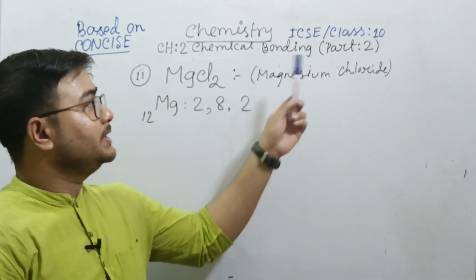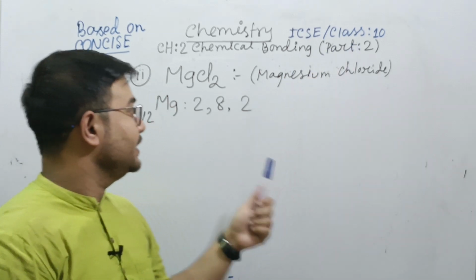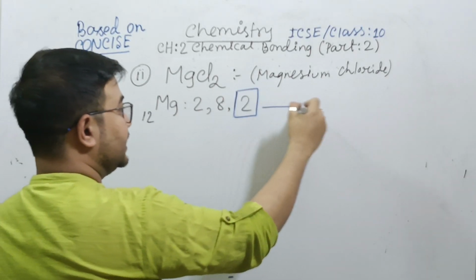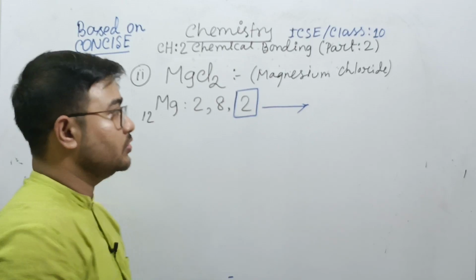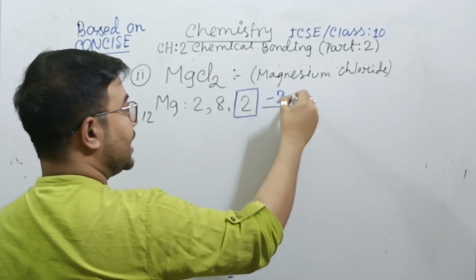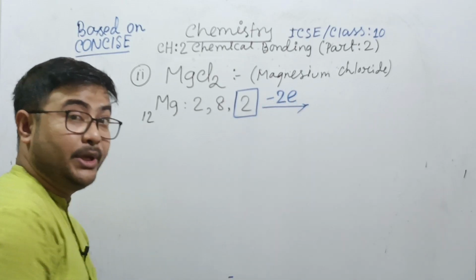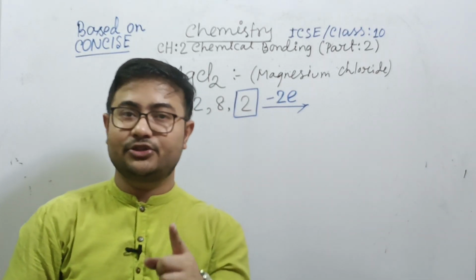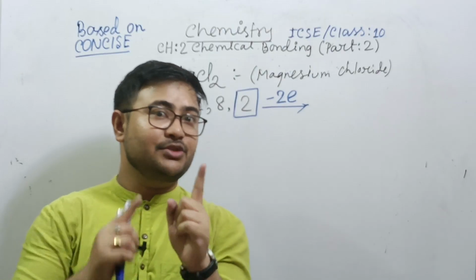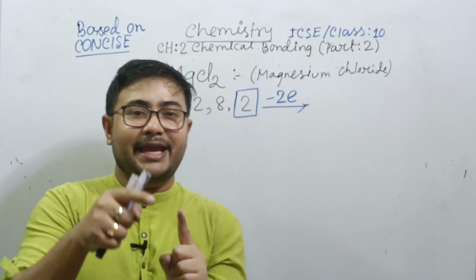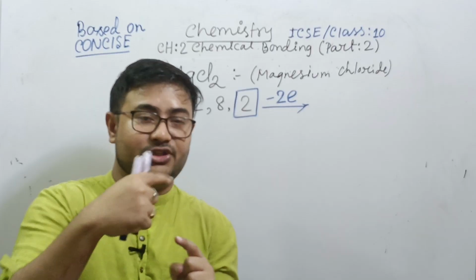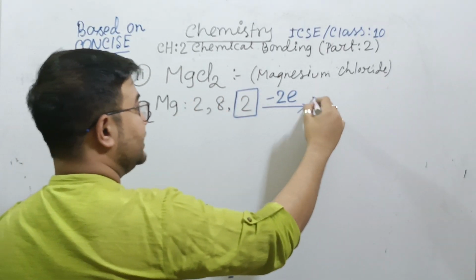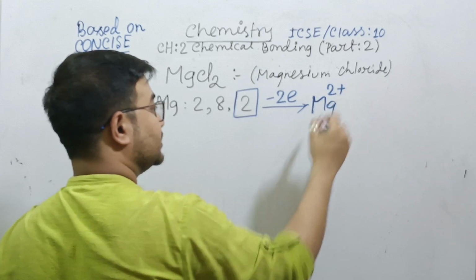If you completed part 1 of this video, you can definitely understand this concept. Since in the last shell, that is the valence shell, magnesium contains 2 electrons, magnesium tries to release how many electrons? 2. Now in the previous case, NaCl, sodium released 1 electron, so sodium gets a 1 plus charge. Here magnesium releases 2 electrons, so magnesium gets a 2 plus charge.